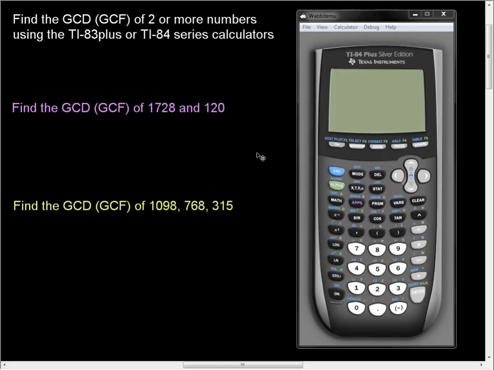Now, just a note here. The greatest common divisor, GCD, is also sometimes called the GCF, or the greatest common factor. There's really no difference between these two, with the exception that divisor refers to division, and factor refers to multiplication.